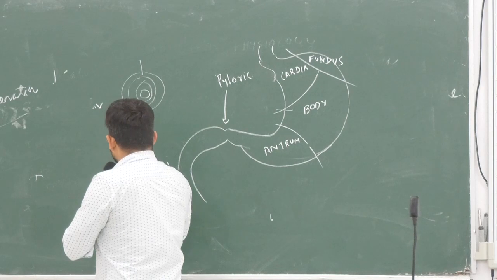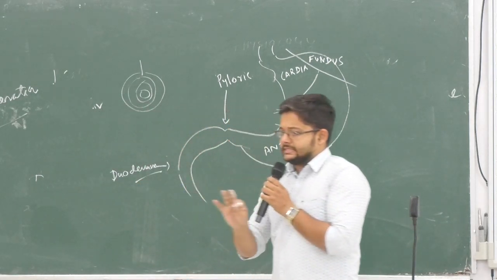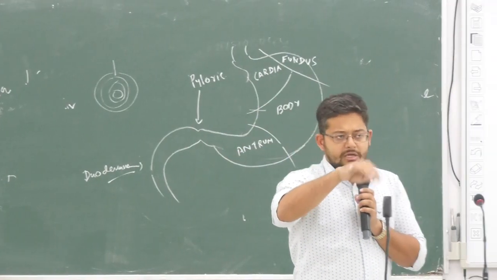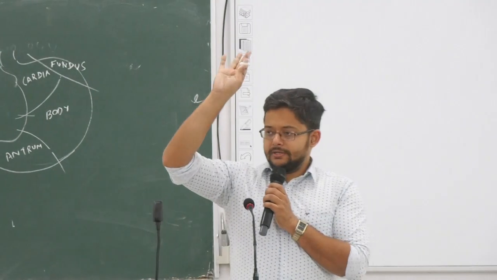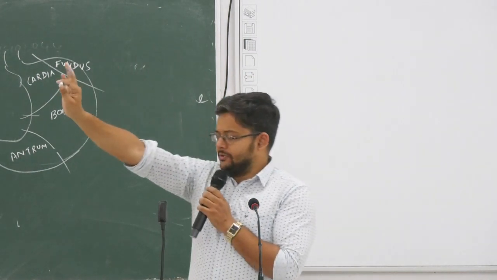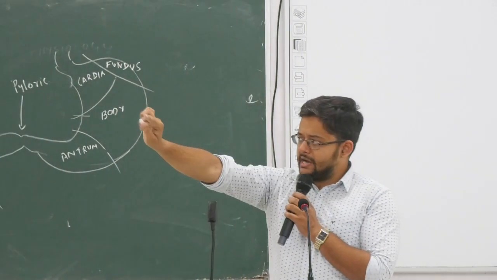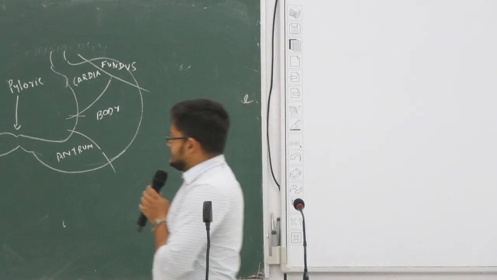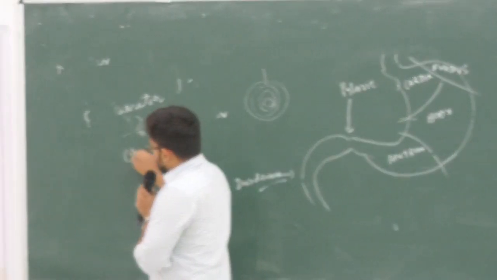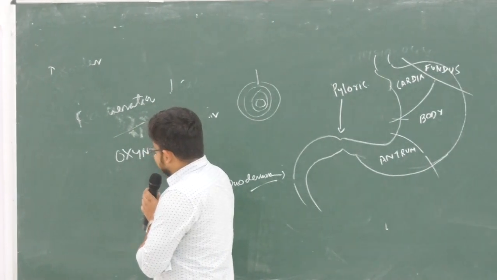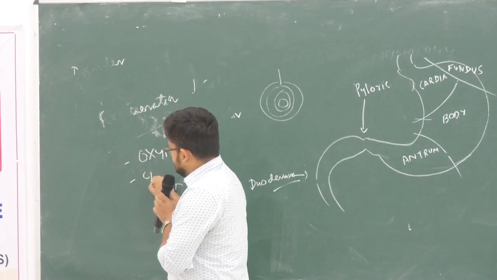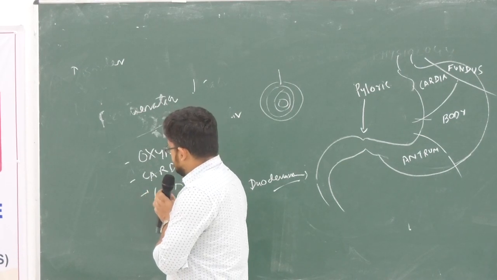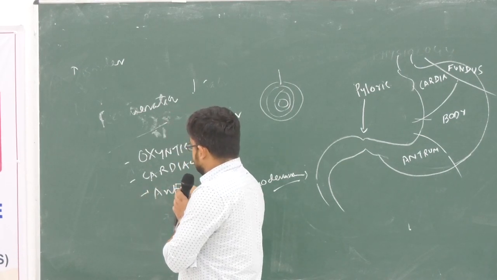Various cells you can get in various glands you can get in stomach. So we will be enumerating different glands. তাহলে এটা লিখে নাও, glands in stomach. One is oxyntic glands, cardiac glands, and antral glands.